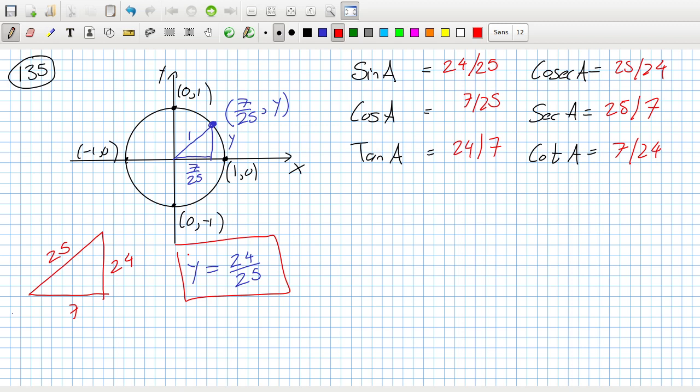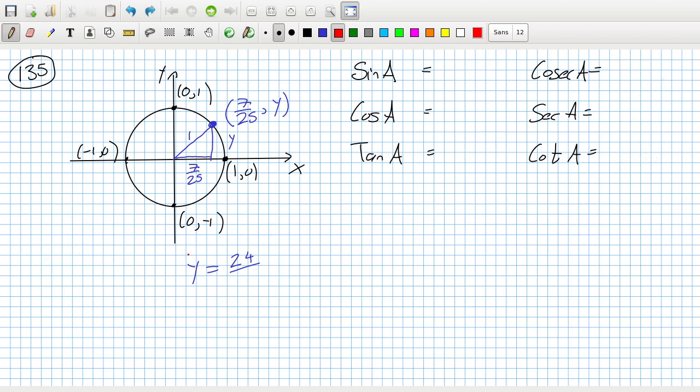Okay. Now, 136. So y is negative, so it'll be down here.